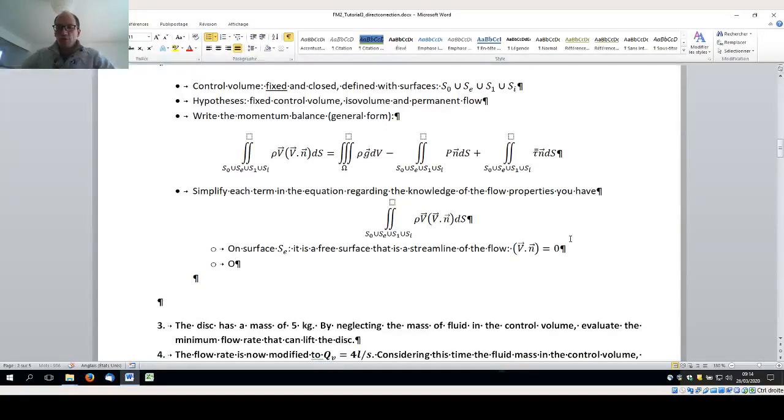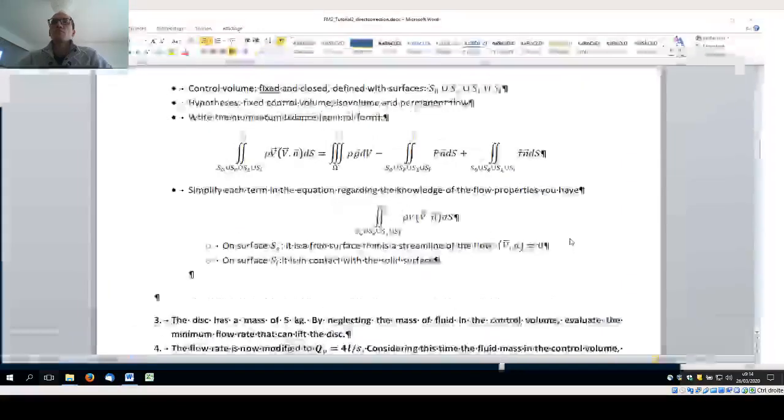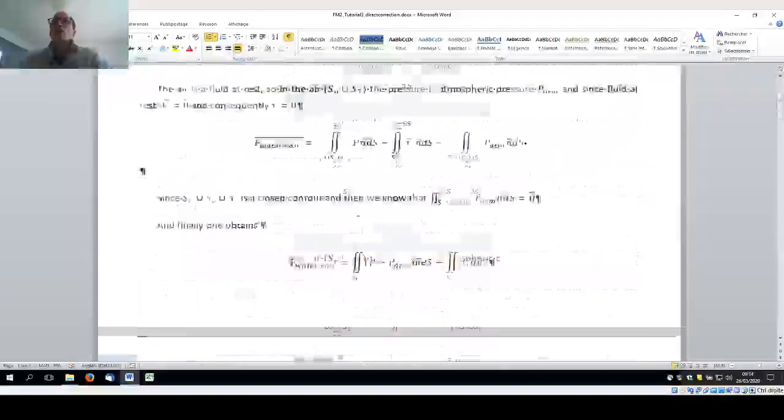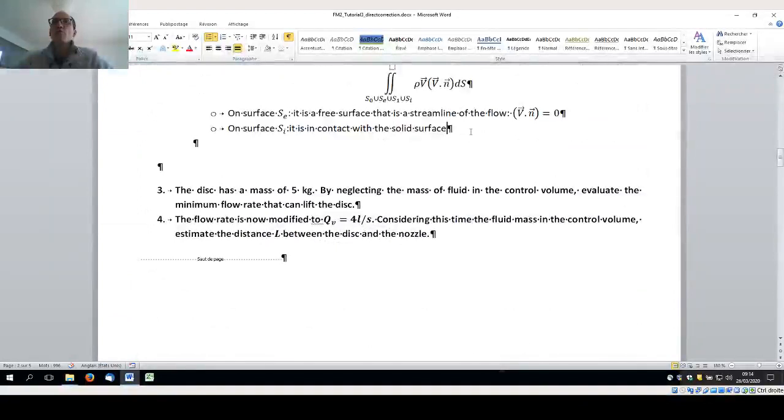And after, we have another property on the surface SI, which is in contact with the solid surface. So we should know a property about what's happening to the fluid on a solid surface.